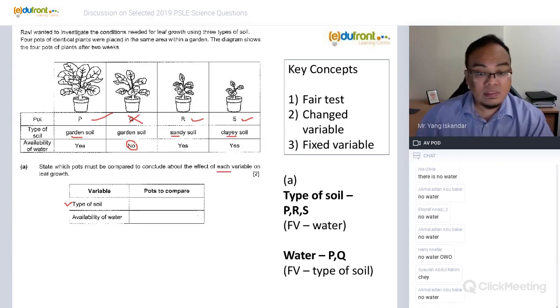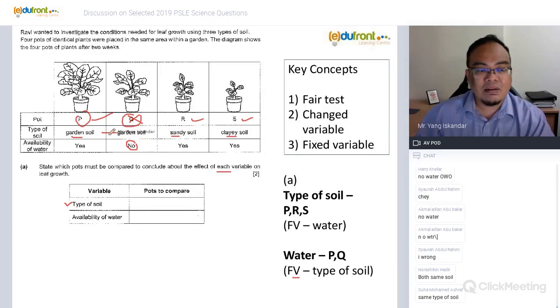Okay? Now, let's say you want to test the availability of water. So you choose setup P and Q. Why? Because one has water, one has no water. But the type of soil becomes the fixed variable. FV means the fixed variable.